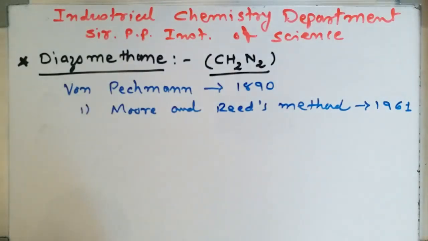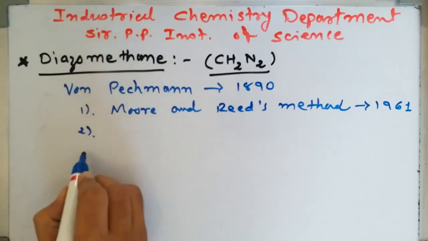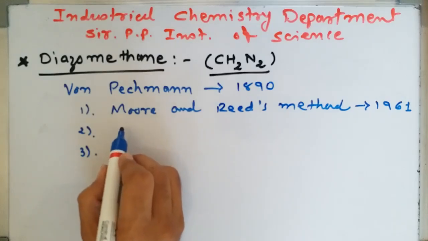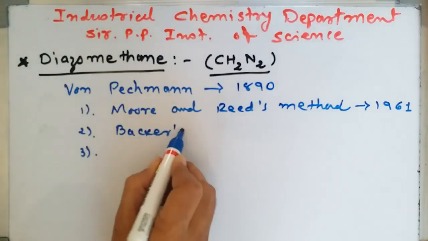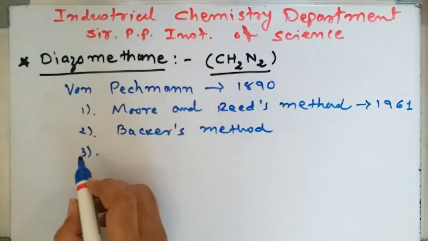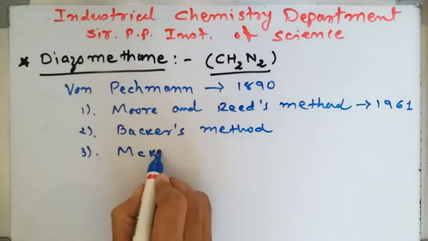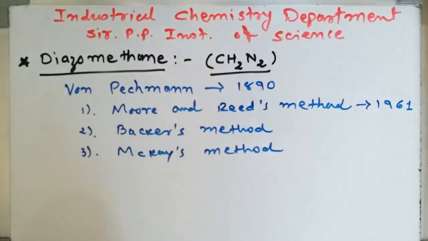We have a second method, Becker's method, and a third one, Mackey's method. These three methods were developed by different scientists.